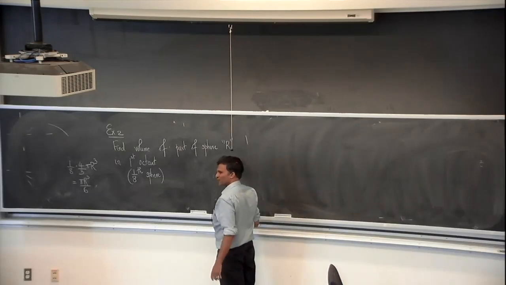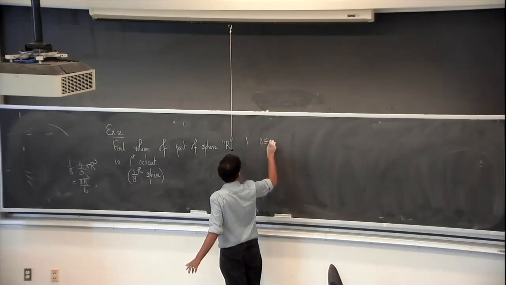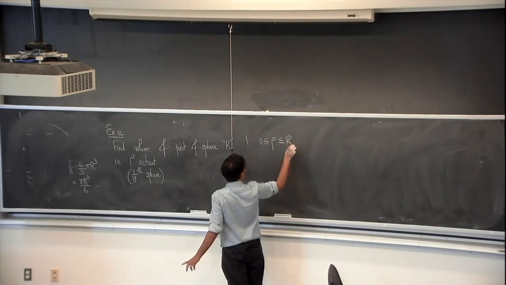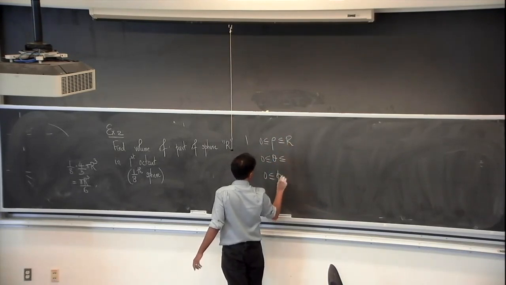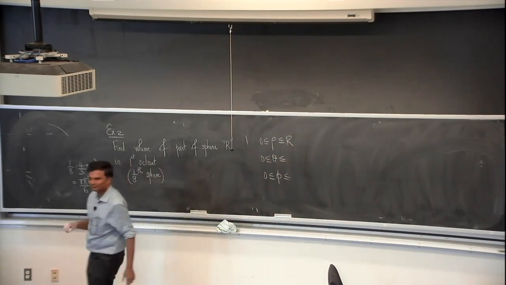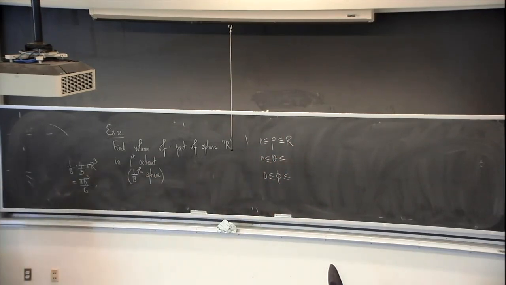I'm going to write the limits here. Oh, you mean 1/8 of the integral earlier? Yeah, that's still cheating. That's semi-cheating, less cheating, yes.